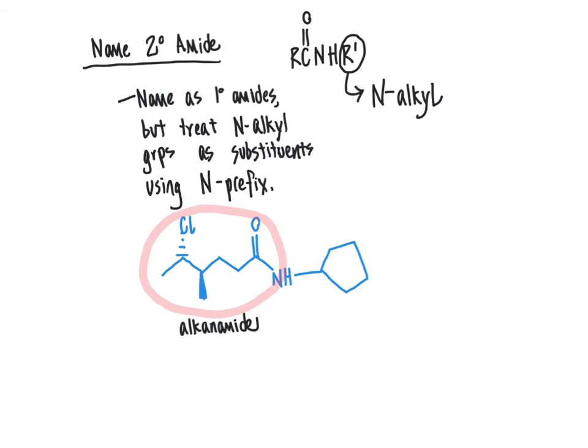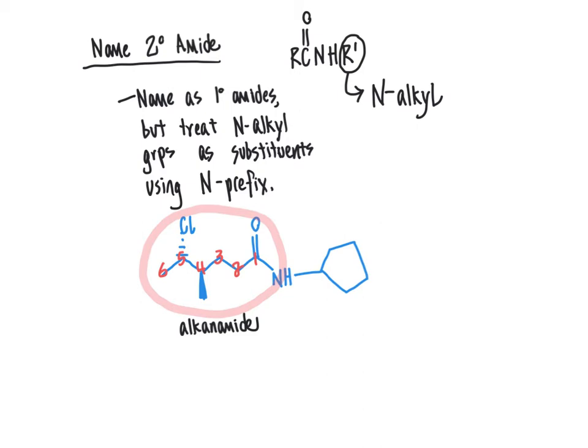So naming this as an alkanamide, we number our longest carbon chain, starting at the carbonyl as number 1, just like we would start at number 1 as the carbonyl carbon of a carboxylic acid. We find our longest pathway through 1, 2, 3, 4, 5, 6. So there's 6 carbons in that longest carbon chain.